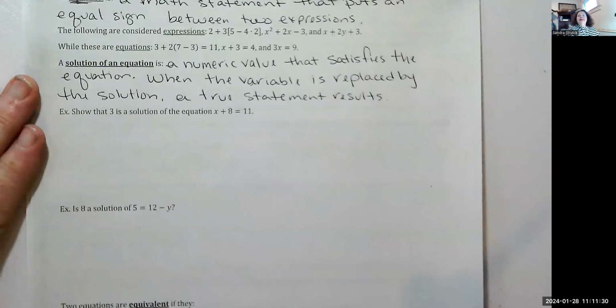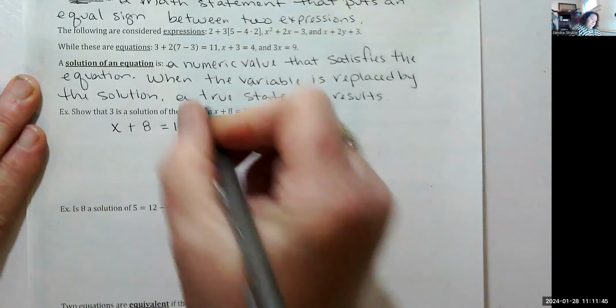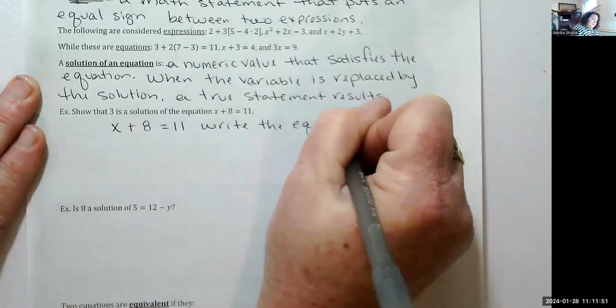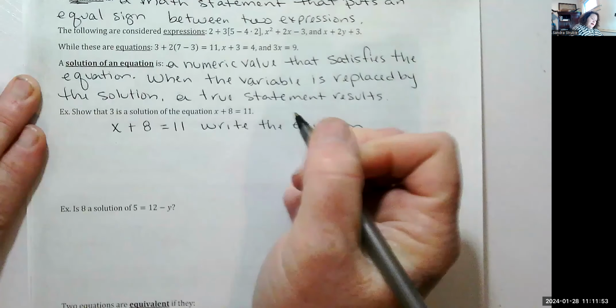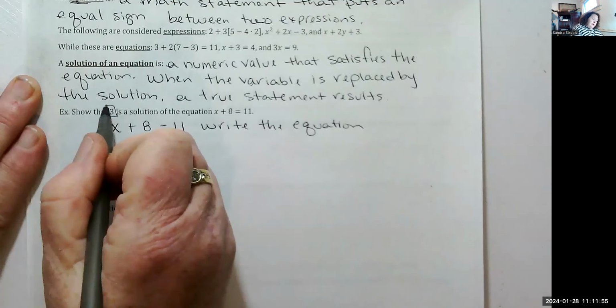All right, here's an example of this. Show that 3 is a solution of the equation x plus 8 is equal to 11. So I'm just going to rewrite it: x plus 8 is equal to 11. First thing I do is write down the equation. And then I substitute 3.